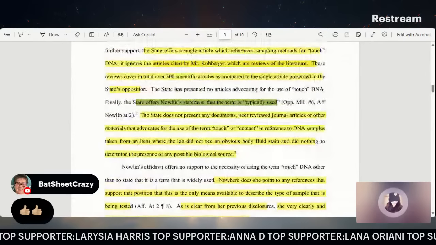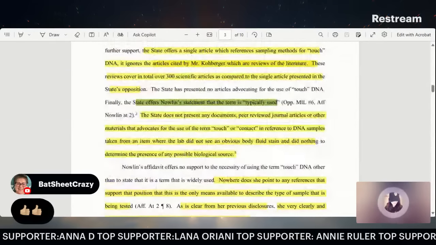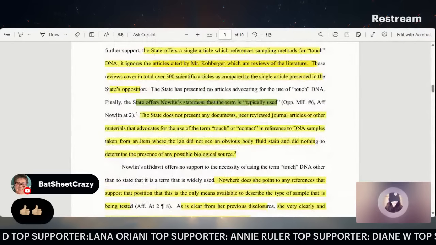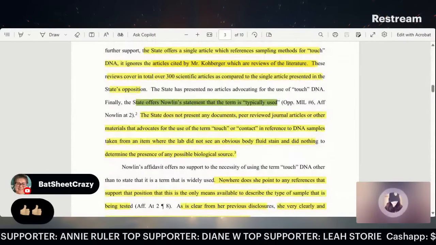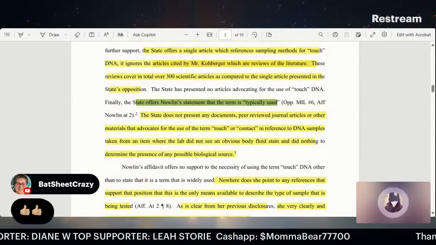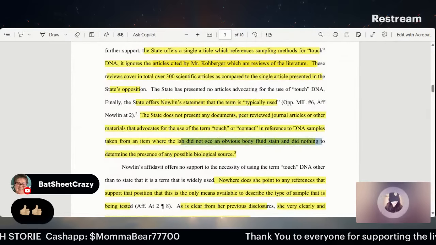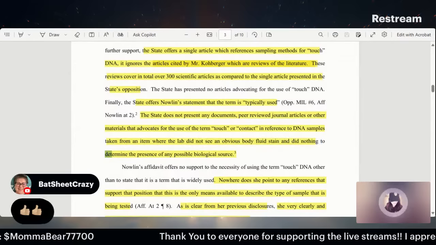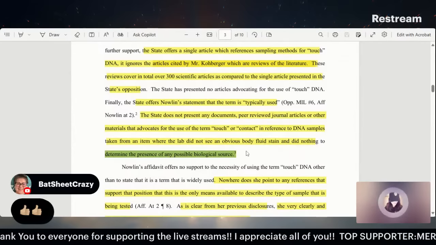All right. The state does not present any documents, peer-reviewed journal articles, or other materials that advocate for the use of the term touch or contact in reference to DNA samples taken from an item where the lab did not see an obvious body fluid stain and did nothing to determine the presence of any possible biological source.